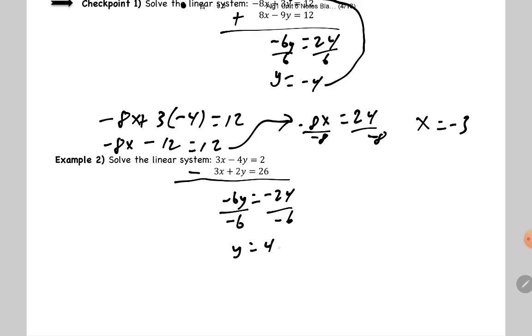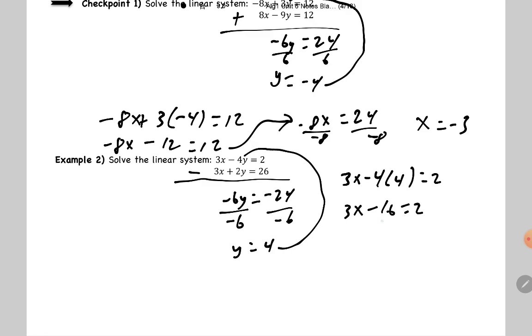Okay, plug this into one of the equations. I keep choosing the first one, but you can put it in the second one. And we'll get 3x minus 4 times y, which is also 4, equals 2. So 3x minus 16 equals 2. I'm going to add 16 to both sides and get 3x equals 18.